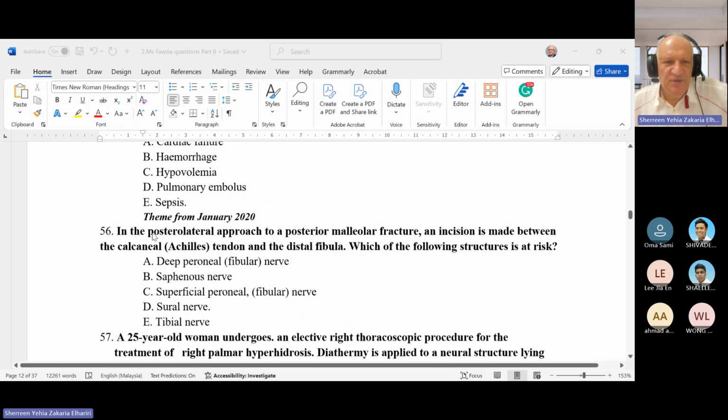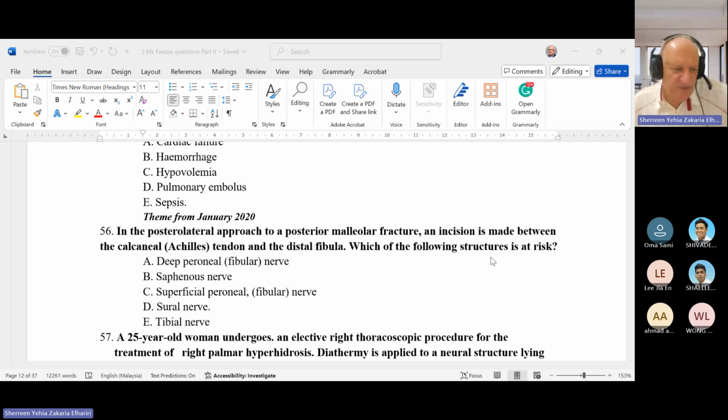Okay. In the posterolateral approach of posterior malleolar fracture, an incision is made between the calcaneus, Achilles tendon, and distal fibula. Which of the following structures is at risk? If you remember anatomy, we have an important structure in this area. It is a nerve.